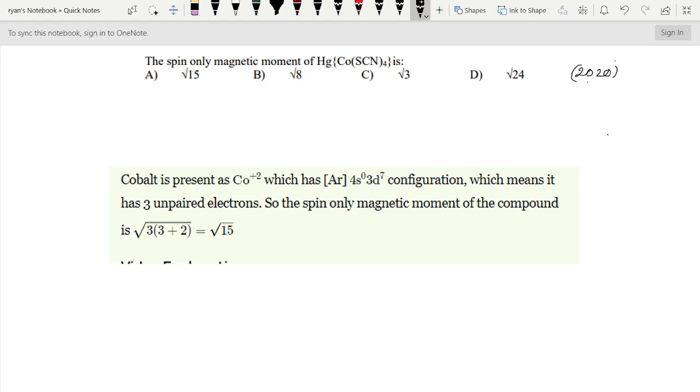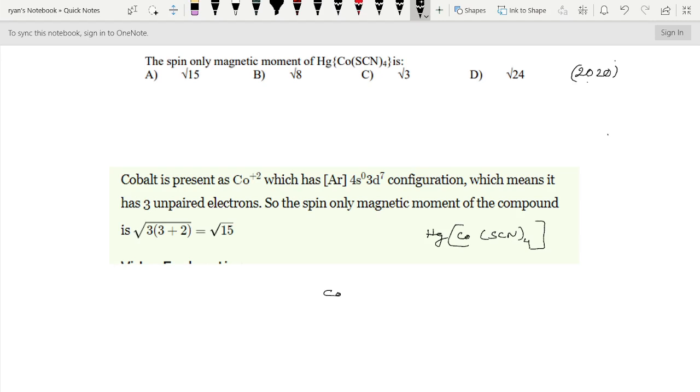Here the question is the spin only magnetic moment of Hg[Co(SCN)4]. Let us find out the solution. The complex given here is Hg[Co(SCN)4]. For finding the magnetic moment, first we need to find the oxidation state of cobalt.